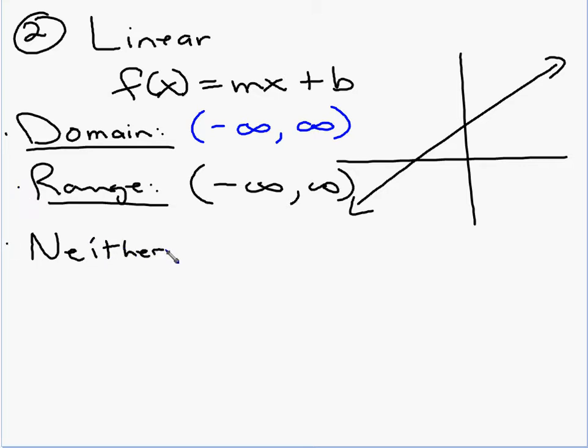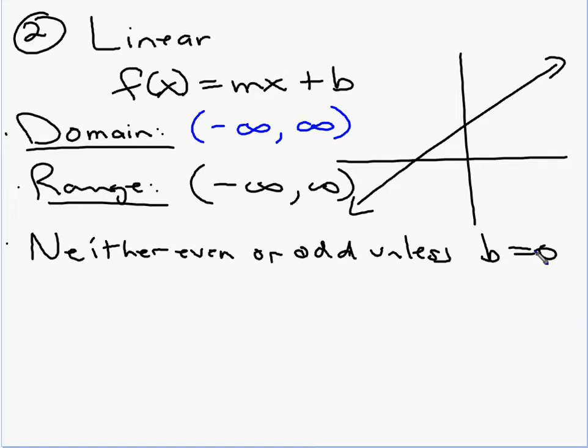It is neither even or odd unless what? Is there a time that it could be odd? When it goes to the origin. Unless b equals 0.